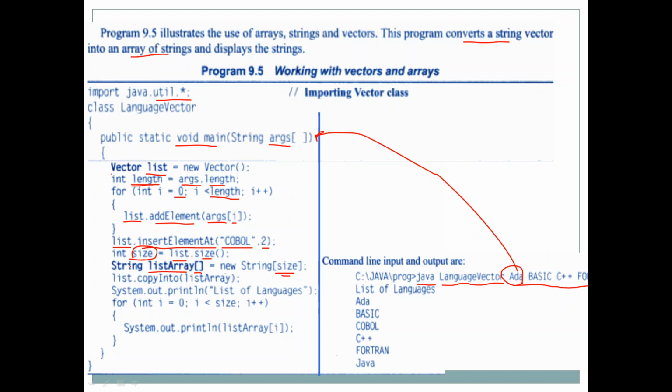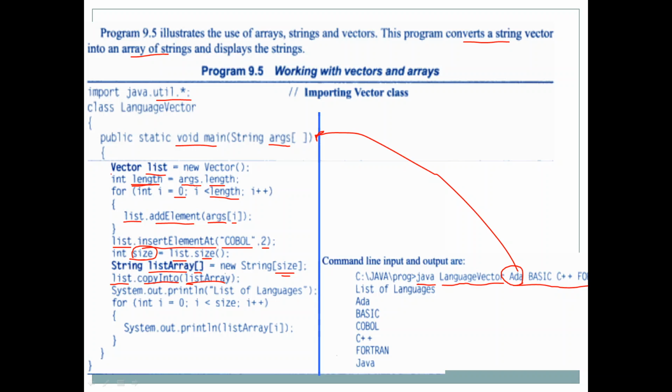After this we are trying to copy all the elements from the vector to the array by using one more method. You can see list dot copyInto, the method used here is copyInto, and we have passed our string array with the name listArray to the function, so that all the elements from the list are copied into this array.